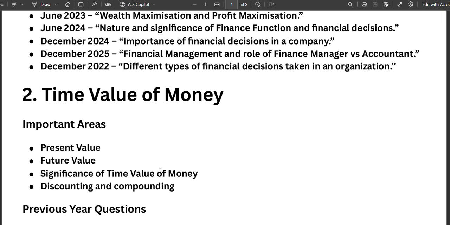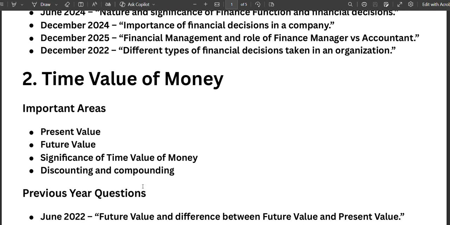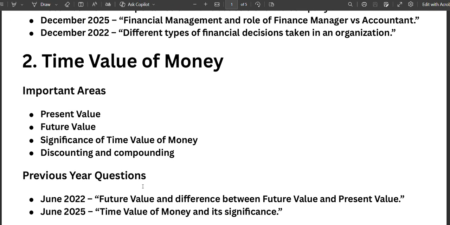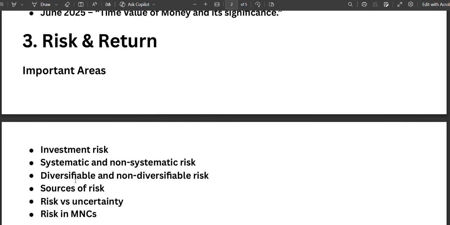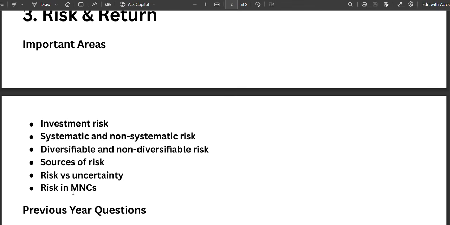The next important section is time value and risk. In time value of money, we have to learn what is present value, what is future value, and what is the significance of the time value. In the risk and return section, we have to learn what is compounding, what is discounting, sources of risk, investment risk, risk versus uncertainty, and risk in MNCs.